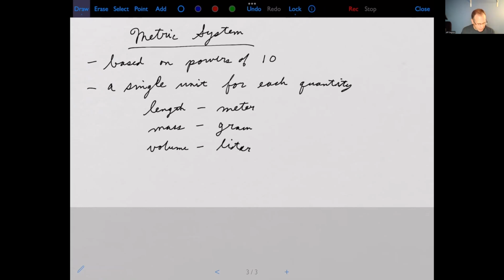Now, if we want larger or smaller powers of 10 of these units, of these lengths, masses, and volumes, then that's when we use prefixes. So prefixes are used to represent larger or smaller powers of 10.